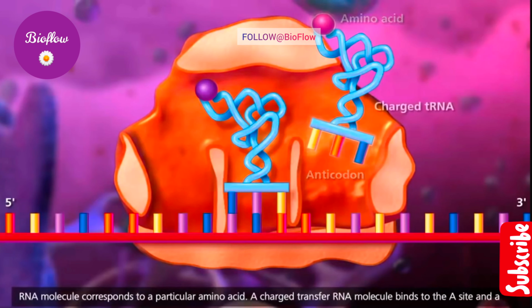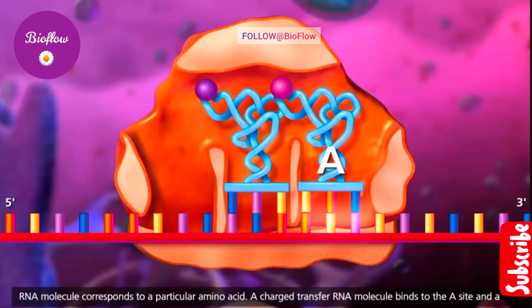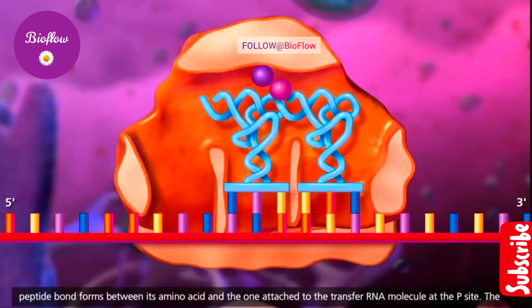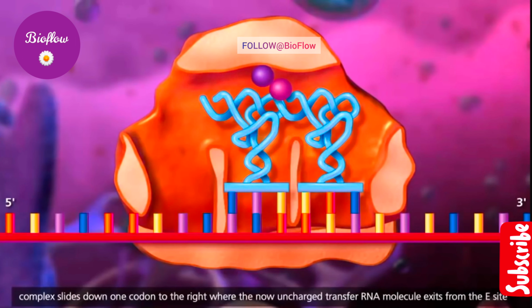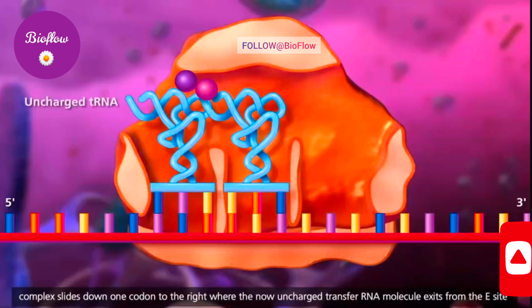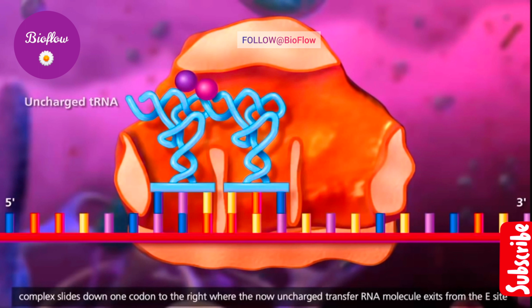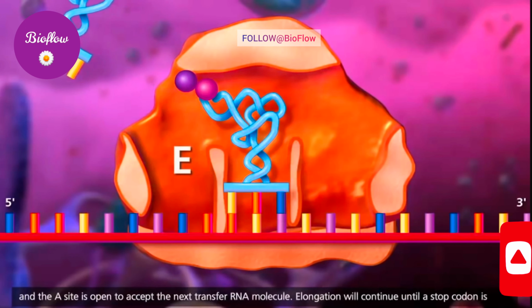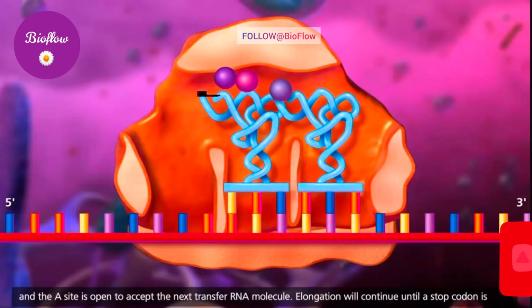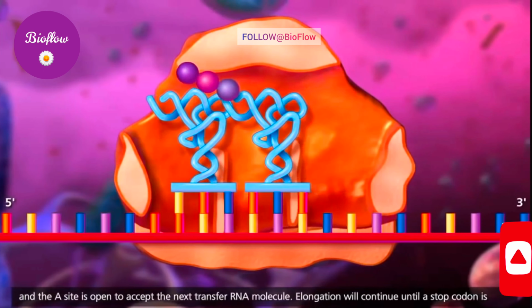A charged transfer RNA molecule binds to the A site and a peptide bond forms between its amino acid and the one attached to the transfer RNA molecule at the P site. The complex slides down one codon to the right, where the now uncharged transfer RNA molecule exits from the E site and the A site is opened up to accept the next transfer RNA molecule.